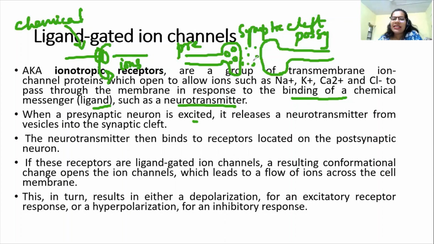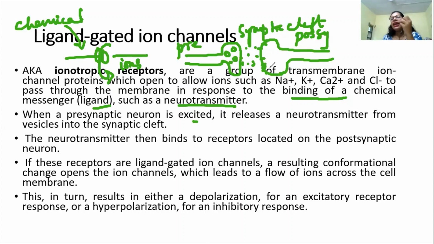Now this ACh, acetylcholine, goes and binds to the receptors present here. What happens then? A conformational change. We have the ligand-binding receptor, and the moment the ligand binds, it undergoes a conformational change and opens up.